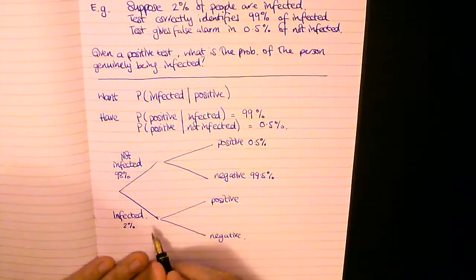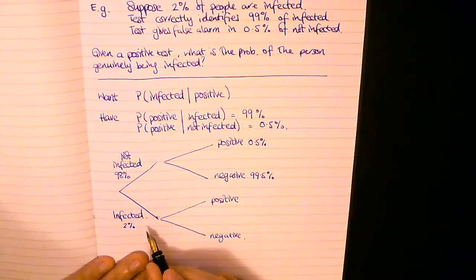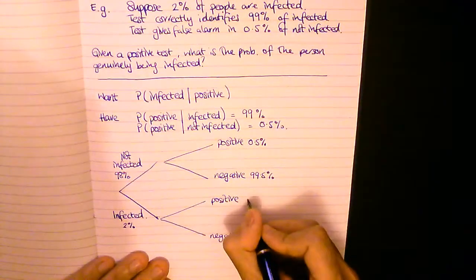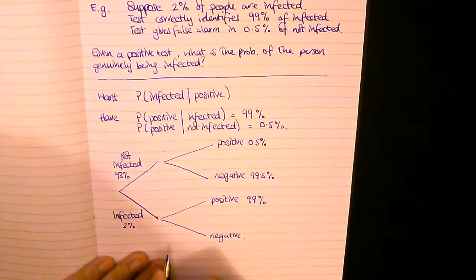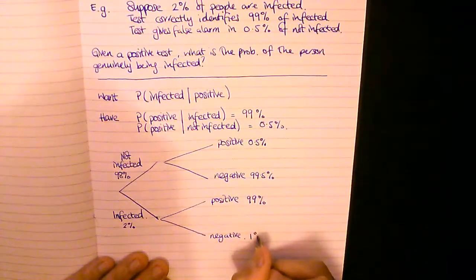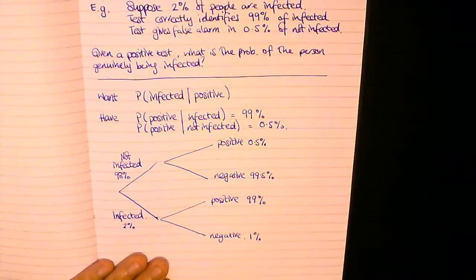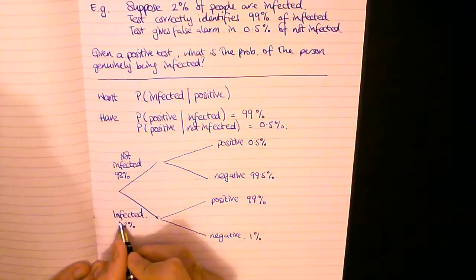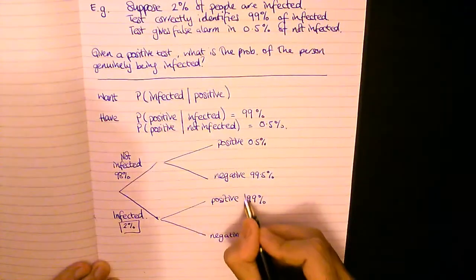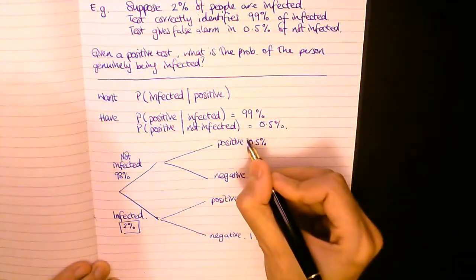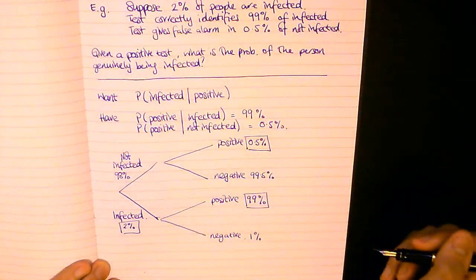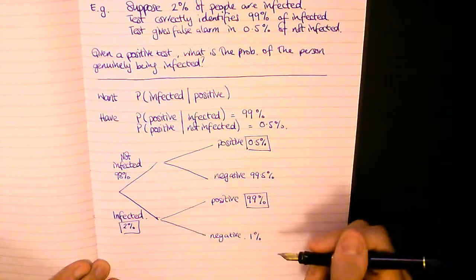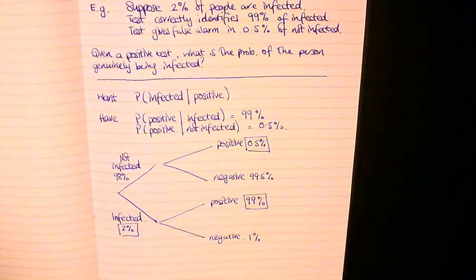The probability of a positive test if you are infected is 99%, we're told that in the question. The probability of a negative test given you are infected is 1 minus this, so that's 1%. So the numbers given in the question are this one and this one, and all the others are worked out just by doing 1 minus the probabilities. Okay, cool. So this is what we are trying to calculate.